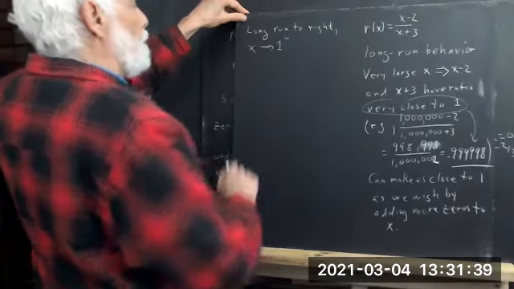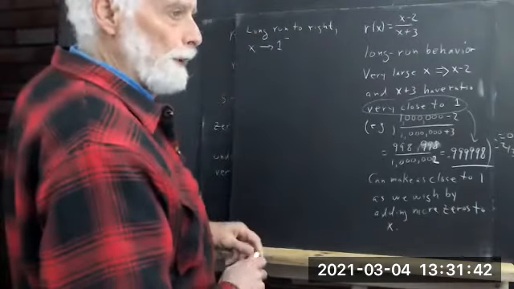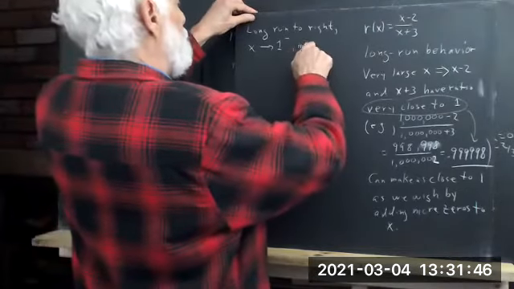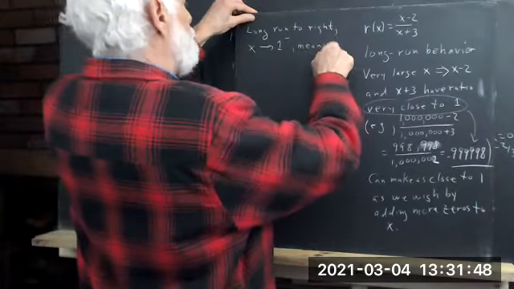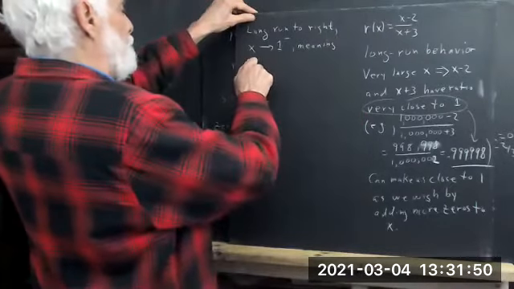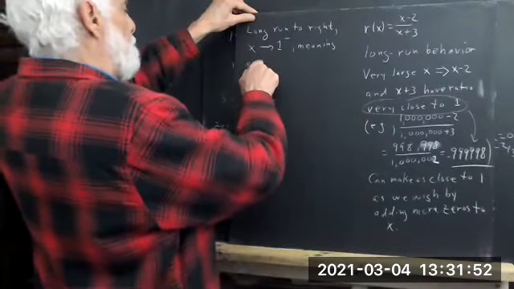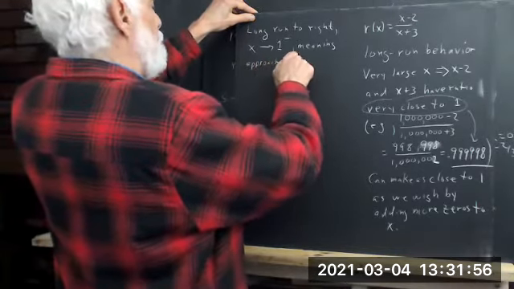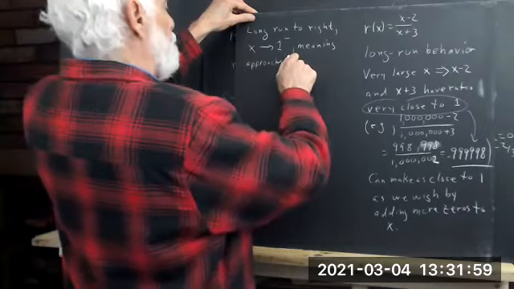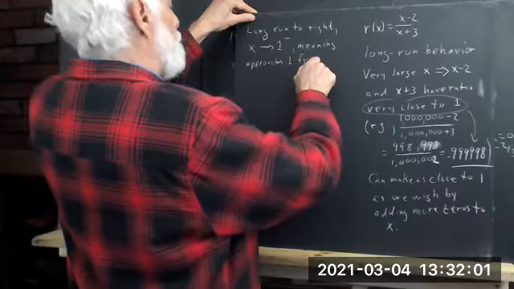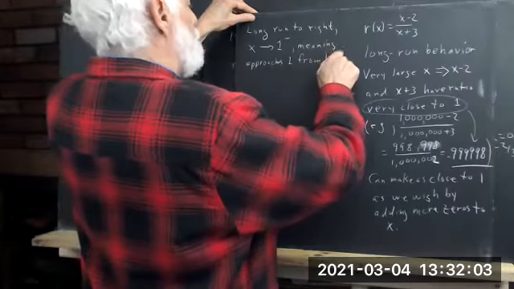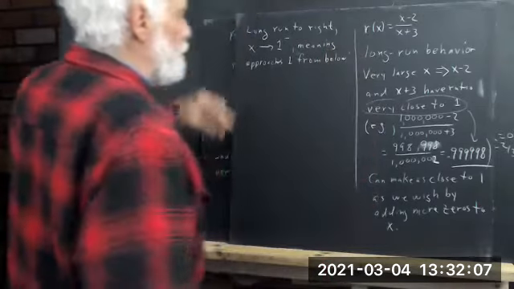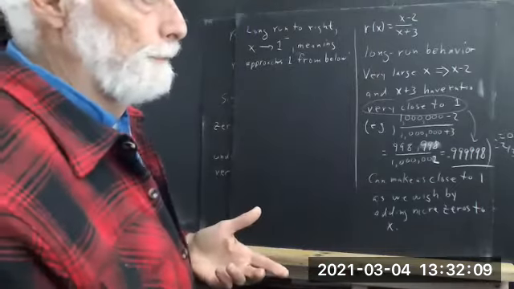And I'm going to say it approaches 1 with a minus sign here, meaning it approaches 1 from below.